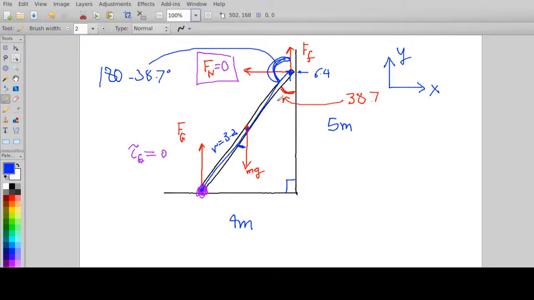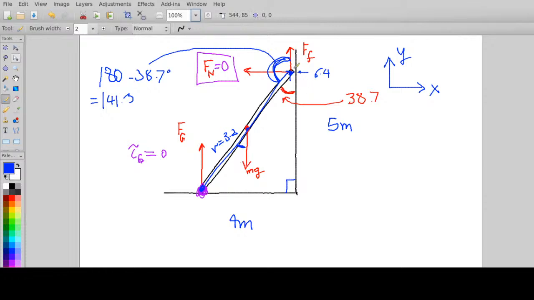Admittedly, a little bit harder, but this problem is really all about the angles. So what's that work out to? Subtract from 180, and that turns out to be 141.3. So this is going to be 141.3.